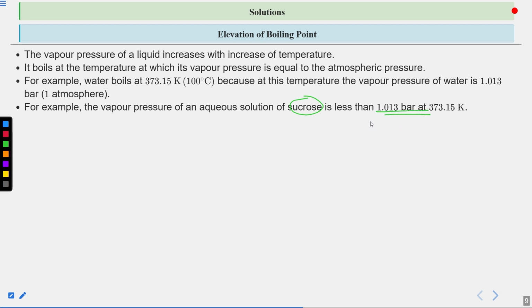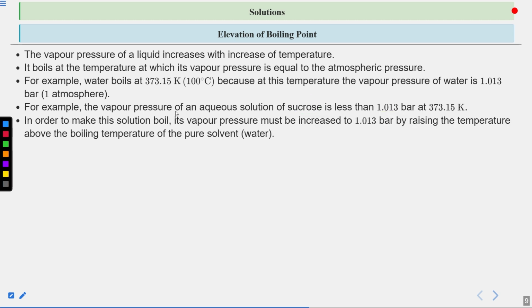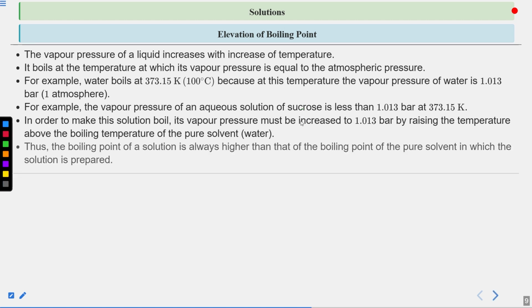So is my voice clear? As a result of decrease in the vapor pressure, you have to apply more and more temperature. And thus we have a higher boiling point as compared to the pure solvent. I hope you are getting this. Once you understand that there is a decrease in vapor pressure and what the boiling point is, then you will be able to do this.